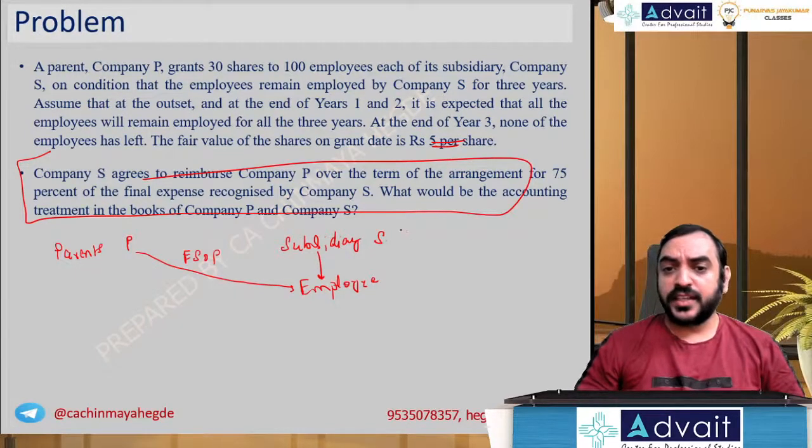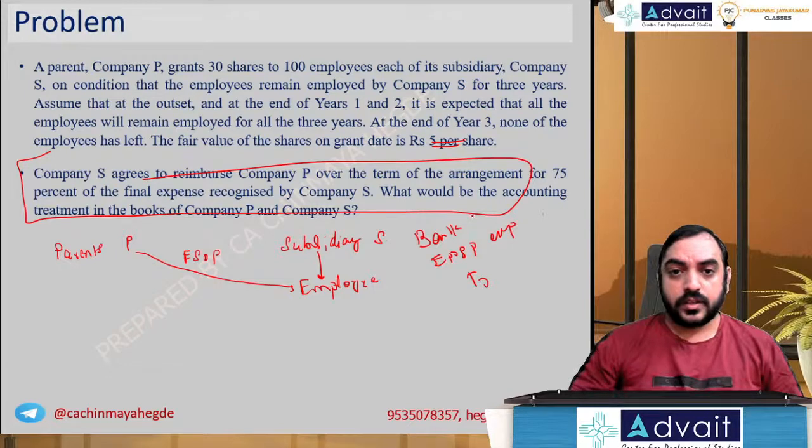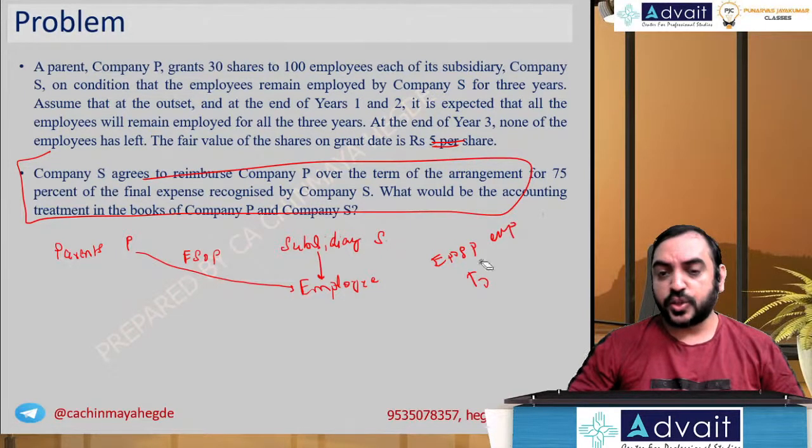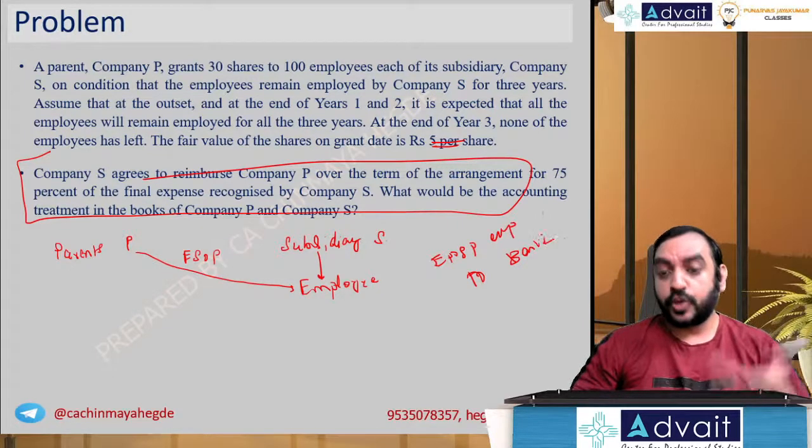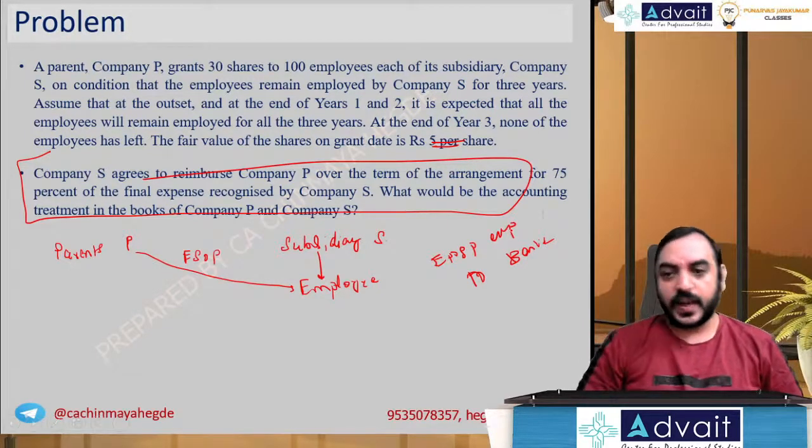They would have passed an entry: ESOP expense to amount paid to bank. They would have passed an entry like this.